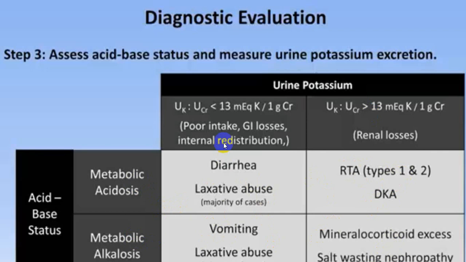But if urinary potassium is less and the person has acidosis, always look for lower GI tract causes like diarrhea, laxative abuse, also ureterosigmoidostomy, and if there is a metabolic alkalosis, like vomiting, laxative abuse. Some of the laxative abuse can produce even metabolic alkalosis.